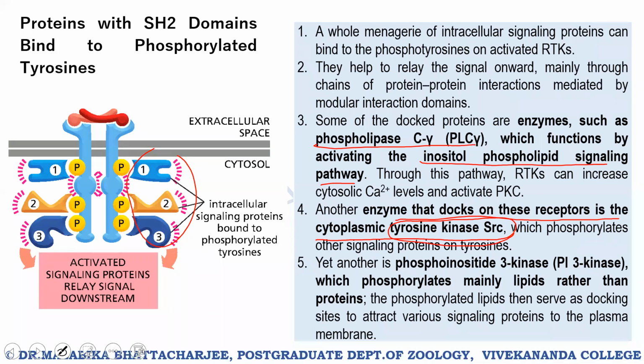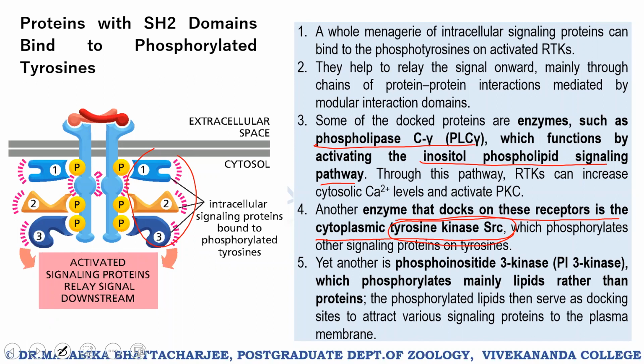It is so named because the sequence of an SH2 domain is similar to that of a domain in the SRC, that is how you pronounce SRC, another tyrosine kinase.